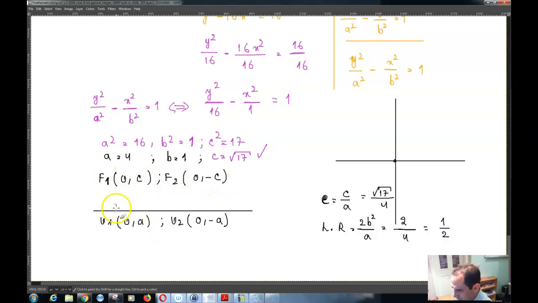But about these, your F1 would be 0, square root of 17. Your F2 would be 0, negative square root of 17. Your V1 would be 0, 4, and your V2 would be 0, negative 4.